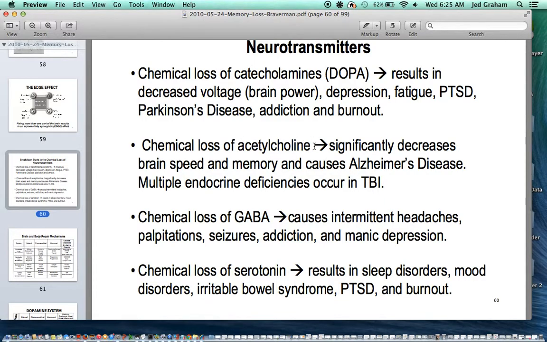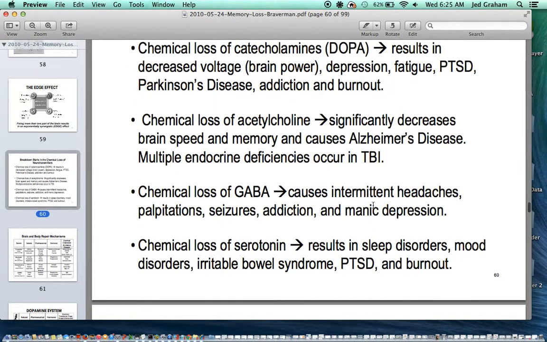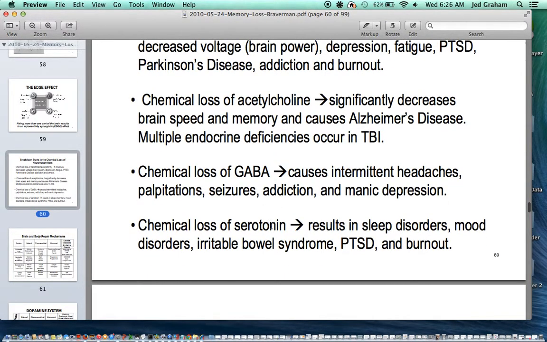Acetylcholine causes significant decreases in brain speed, which is memory. And you can see that in Alzheimer's disease. Chemical loss of GABA causes intermittent headaches, palpitations, seizures, addiction, and manic depression. Big issue. Chemical loss of serotonin results in sleep disorders, mood disorders, irritable bowel syndrome, post-traumatic stress, and burnout.